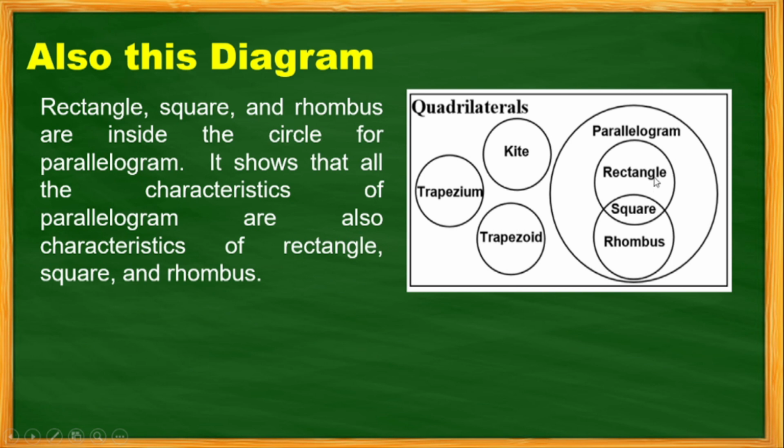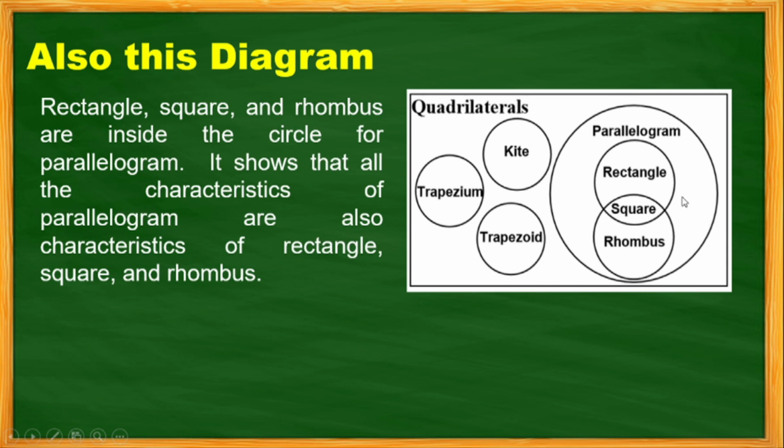A rectangle can be a parallelogram and a quadrilateral because this would be the bigger part, and a rhombus can be a parallelogram and a quadrilateral.